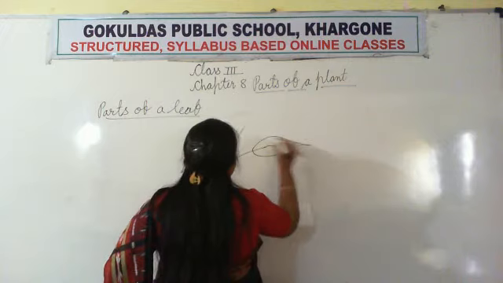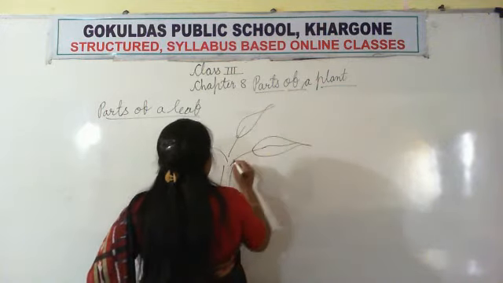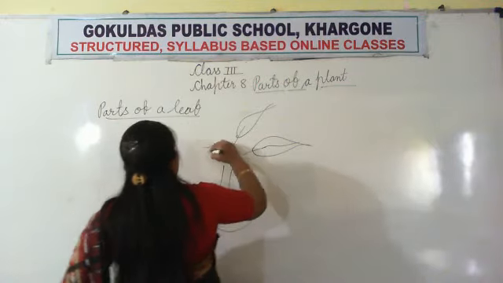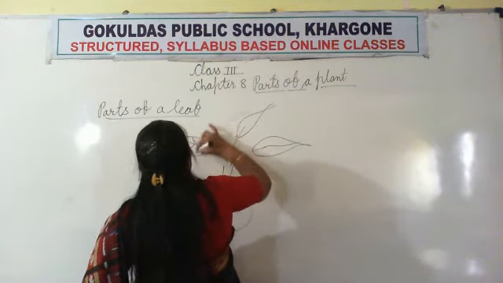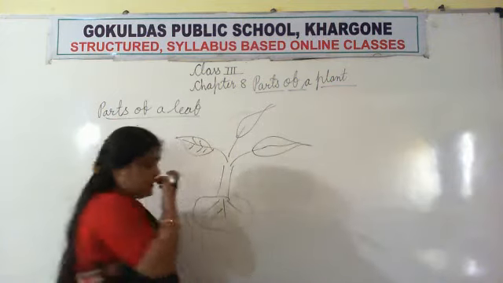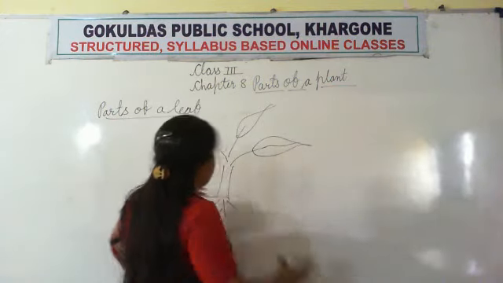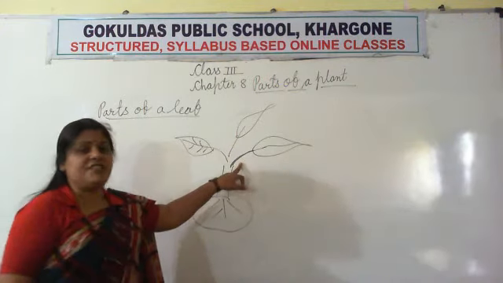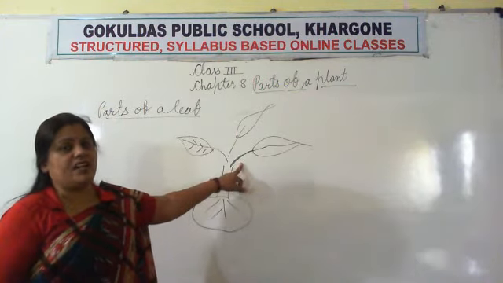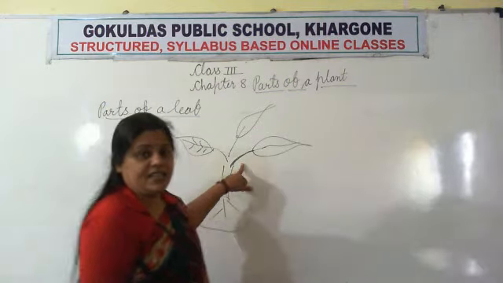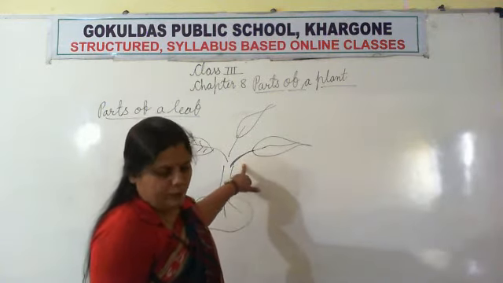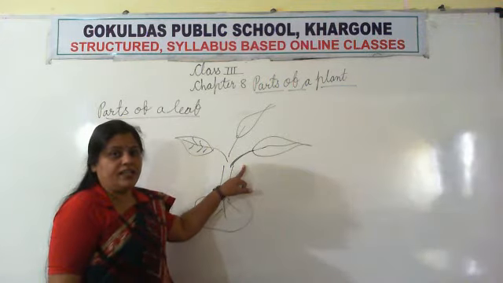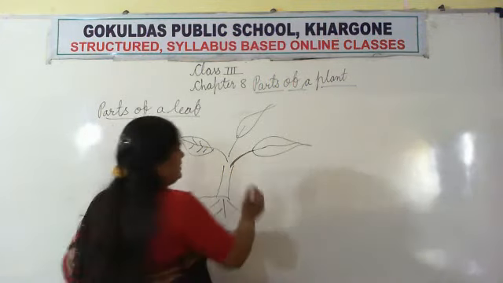The picture of the leaf. Okay, so this part, beta, in Hindi, in rough language, we call dantal. But in English, we call it stalk.